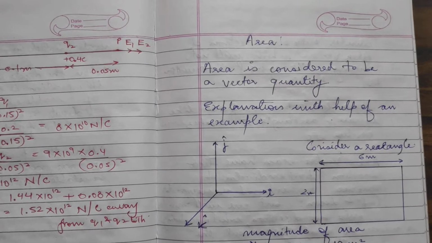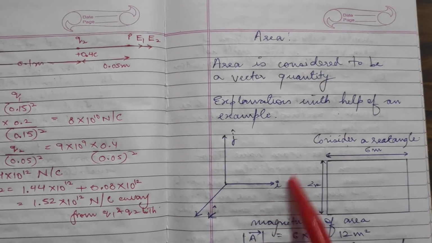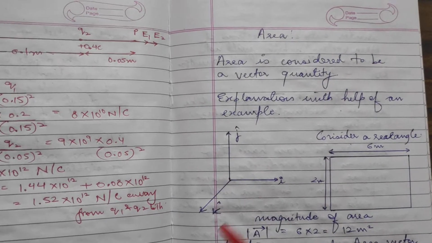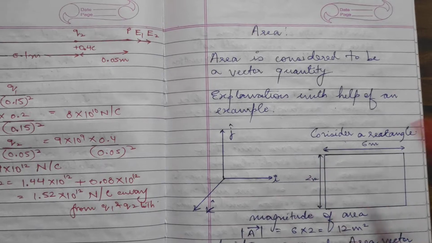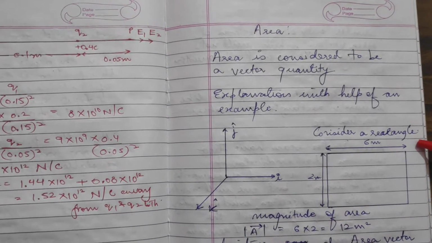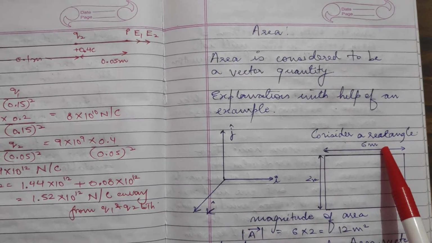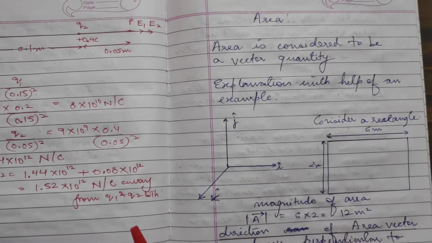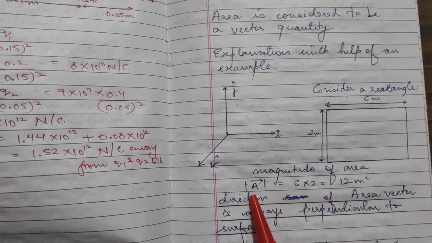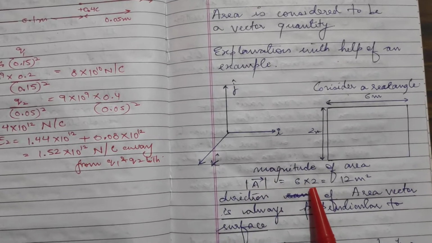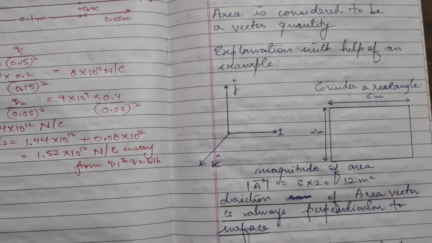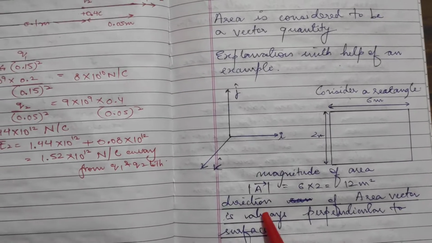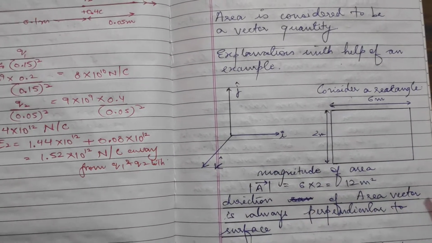Now, these are orthogonal unit vectors i, j, k, and I have taken a rectangle of length 6 meter, breadth 2 meter. So the magnitude of area, mod of area vector, will be 6 into 2, that is 12 meter square. Now the direction of area vector is always perpendicular to the surface.